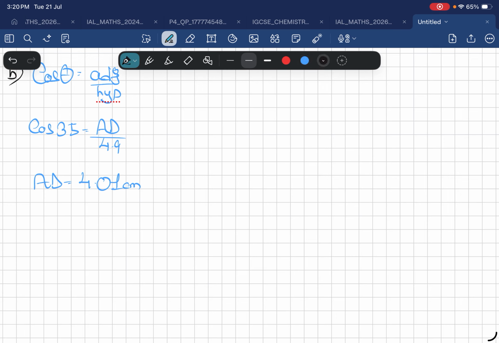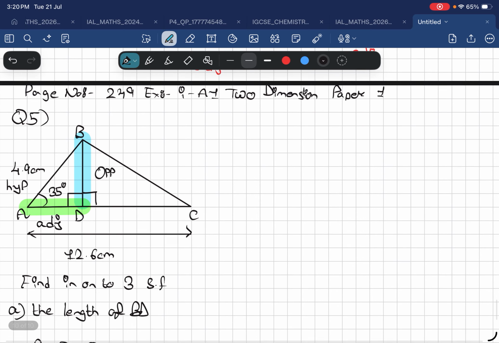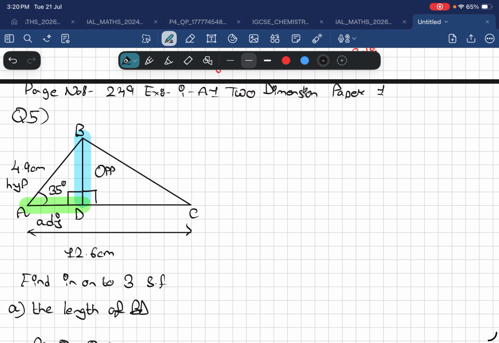Now let's see what they told us to find in question 9 in part D. In part D, they told us to find, to the nearest degree, the size of angle BCD. So let's check what is angle BCD. This is BC, this is CD, BCD.